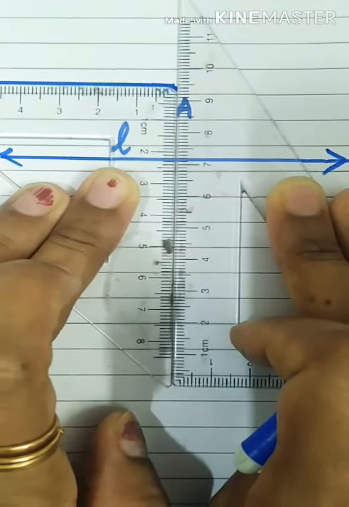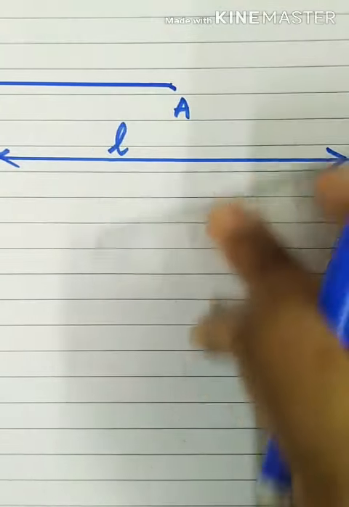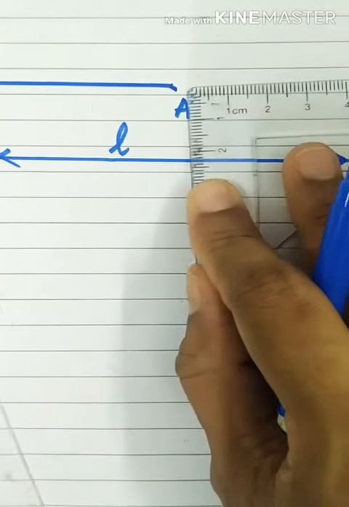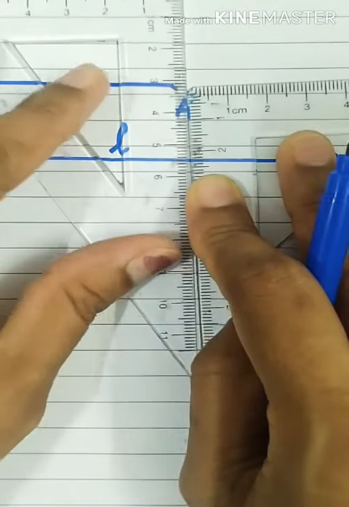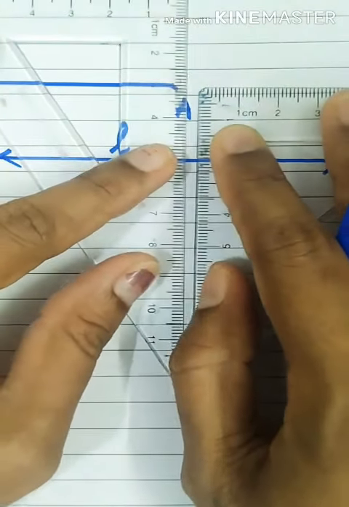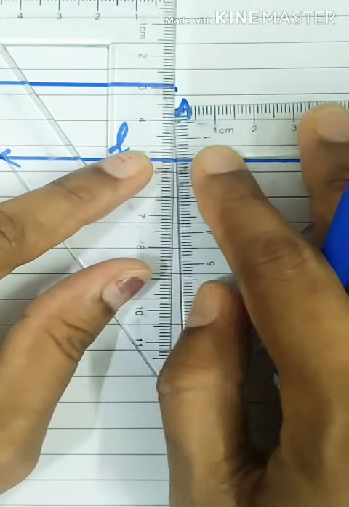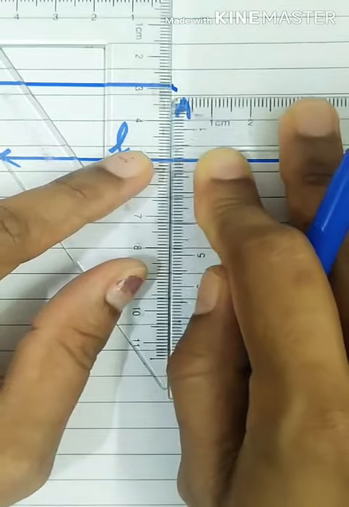I'll keep it this way, and the taller set square will be this way. Again, it should touch point A. Slowly I'll bring it up till it touches point A.